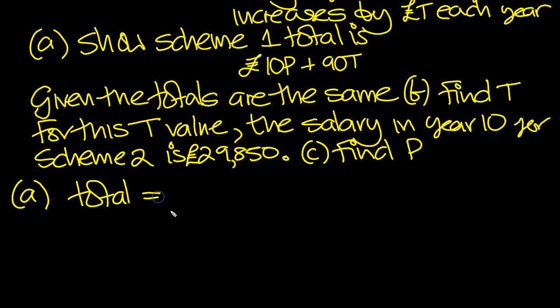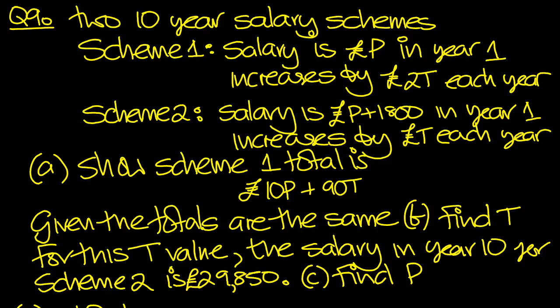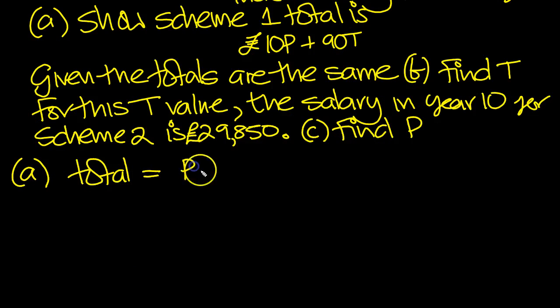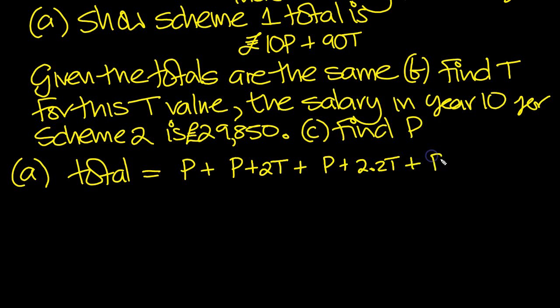So the total will be, we start off with £P, and then we add 2t each year. So it's P plus, and then the second year will be P plus 2t, won't it? Then the third year is P plus another 2t, so that's 2 lots of 2t, 4t, and then the next year will be P plus 3 lots of 2t, because we're adding on another term.